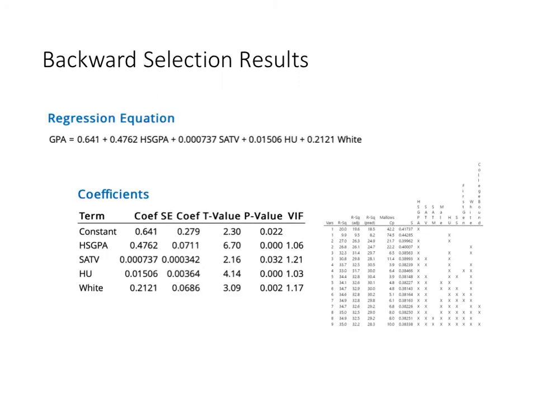All right, and then you'll get a bunch of Minitab output. So we should see here that based on backward selection, the best model should include high school GPA, SAT verbal, HU, and white. And here are the individual coefficients. The weakest predictor is SAT verbal, but you can still see that it's significant.